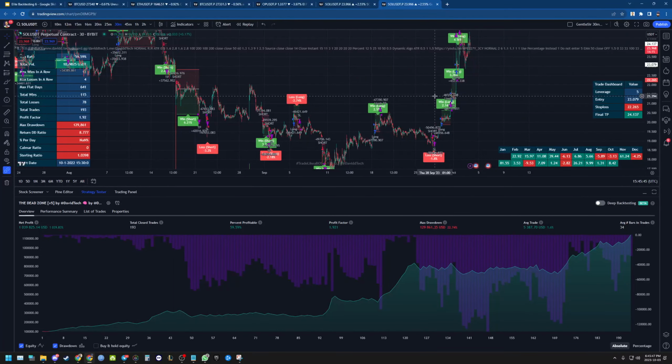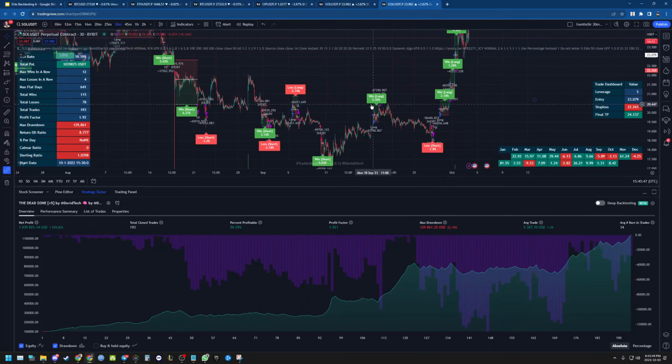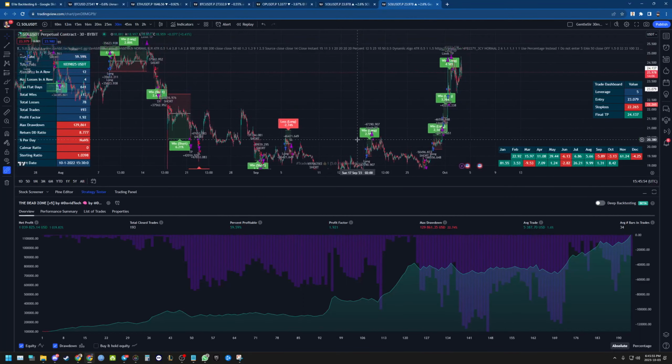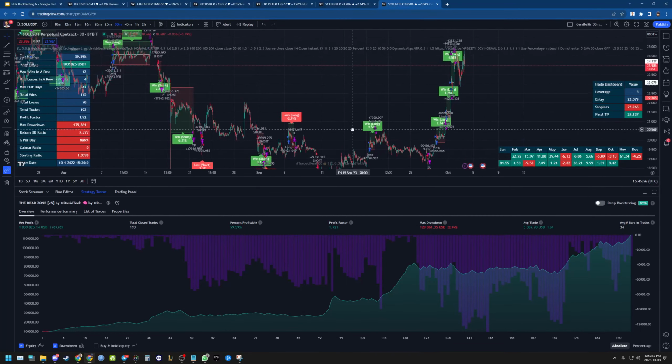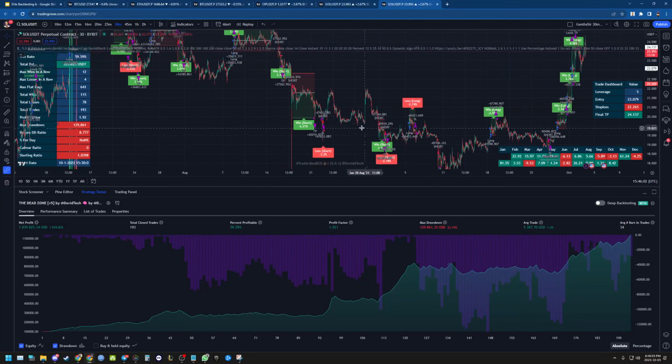Okay, so here, I believe it was around the middle of the month when Gentle Sir submitted his setups to me. Again, we can see that he's a really good trend follower. Here we can see within sideways periods, he's taking a win, a loss, something like that.